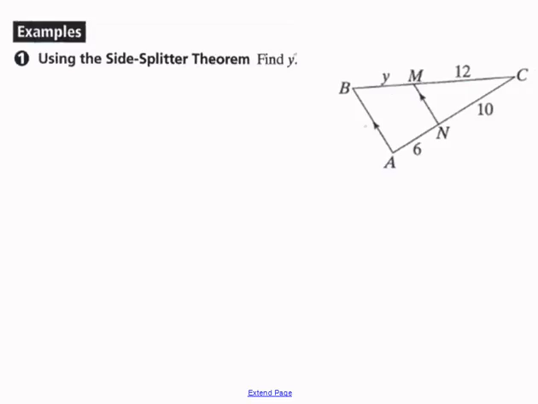So now let's use the side splitter theorem. So we have to find y. In order to set this one up, we are going to set this proportionate to this. So I'm going to set y proportionate to 12. And then I'm going to say this, because it's in the same area as y.